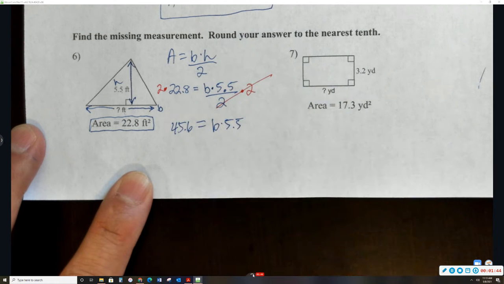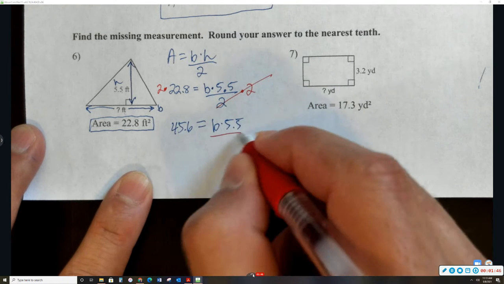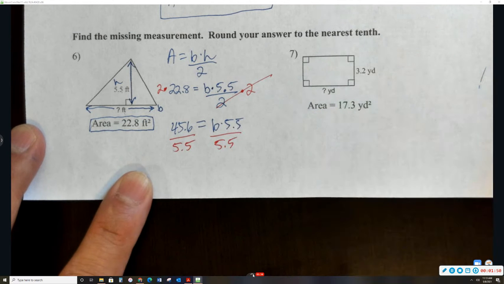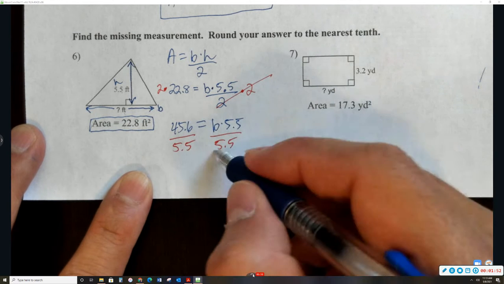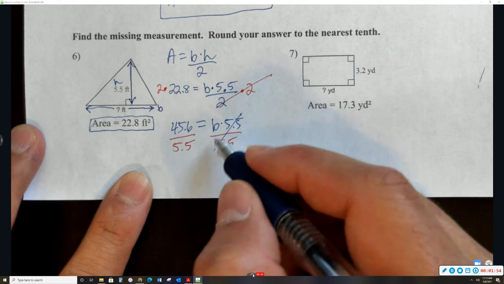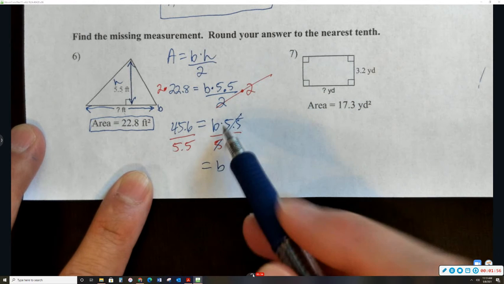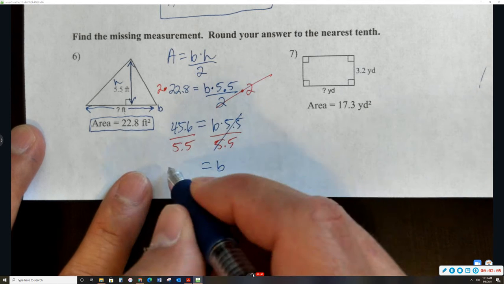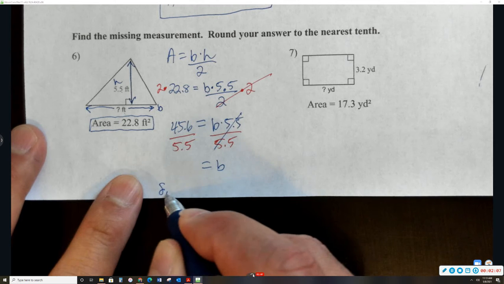And then the last thing we need to do to get B by itself is divide by 5.5 to both sides. Again, the division undoes the multiplication. And then you have B by itself. And then take 45.6 and divide by 5.5. And then, this is what the calculator gives me.